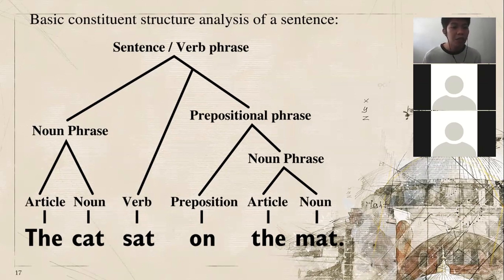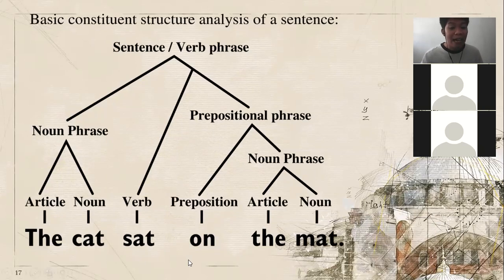Under the sentence, there should be a noun phrase and a verb phrase. So this is hardcore linguistics, but I just want to discuss it so that you have an idea. In a sentence, there should be a noun phrase and a verb phrase. The sentence won't be complete if there's no noun phrase or verb phrase, either of the two.